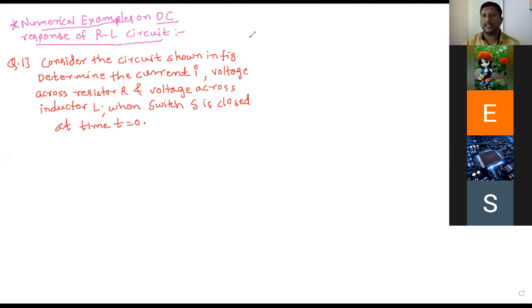So this is the question, and you can observe the diagram also.